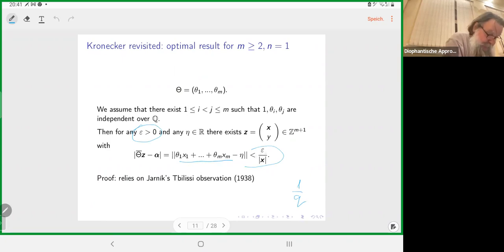And the existence of this epsilon here can be explained by Jarnik's observation from his famous Tbilisi paper, where, among other results, he showed that if we consider two-dimensional lattices generated by two successive best approximations, then the determinant of this lattice tends to infinity, lambda nu, lambda nu plus 1, when nu goes to infinity.